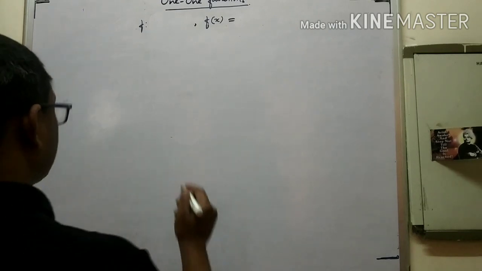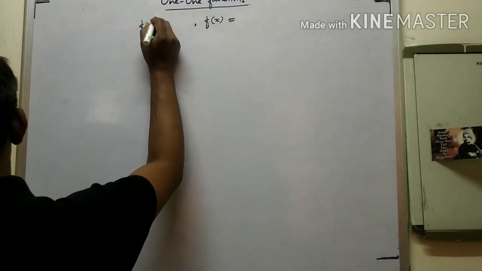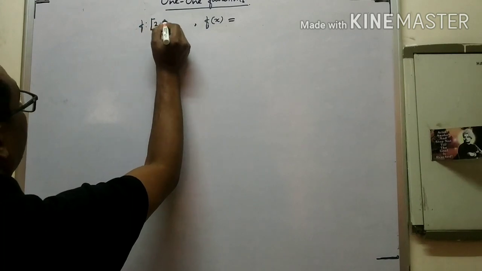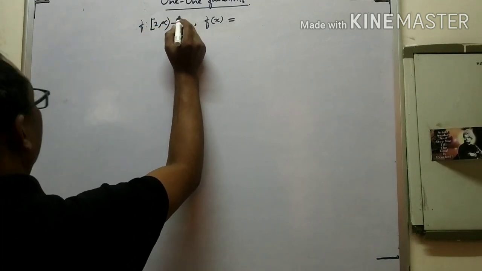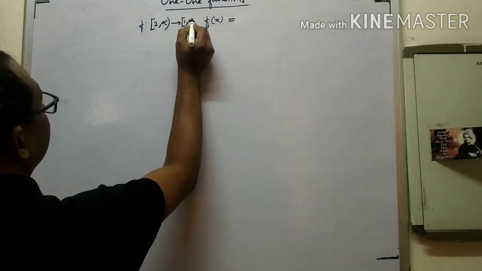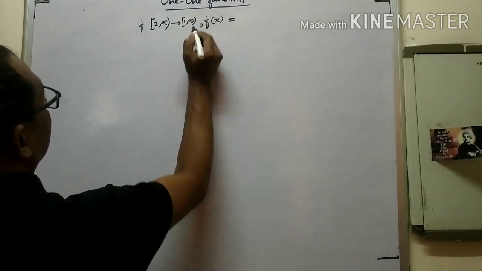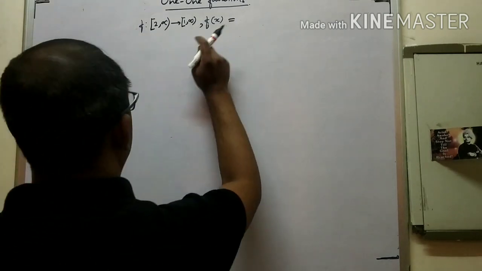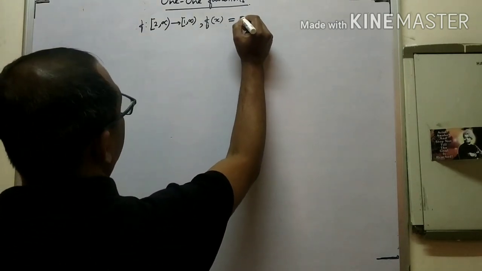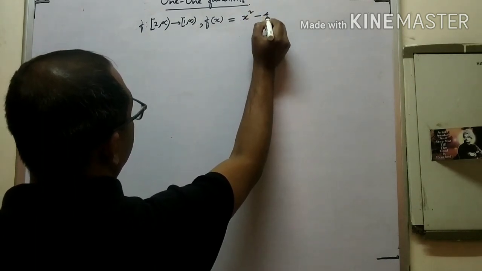Okay, this one is f running from 2 to infinity. Domain is 2 to infinity and codomain is 1 to infinity, closed interval. And f(x) is given by x square minus 4x plus 5.